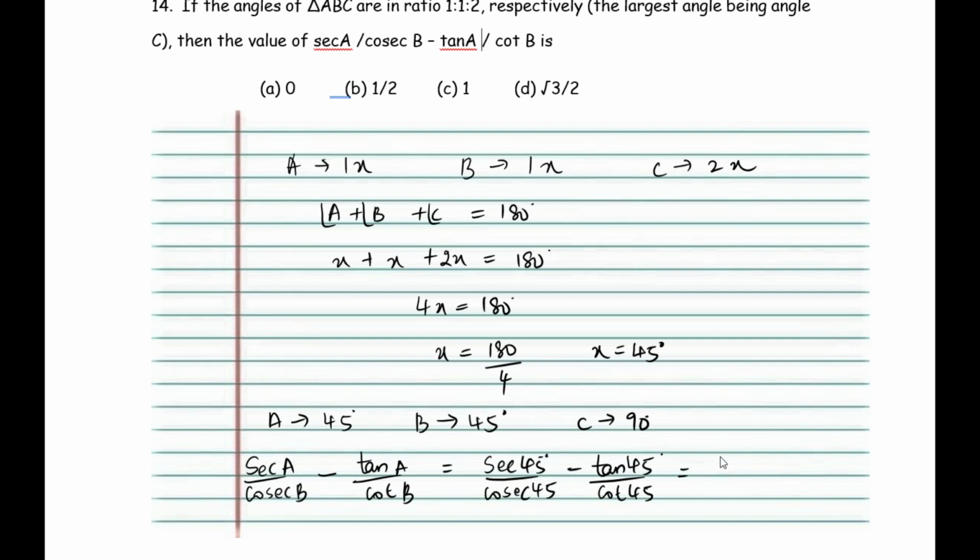Secant 45 degree is root 2, cosecant 45 degree is also root 2, minus tan 45 is 1, and cot 45 is 1. Root 2 will cancel out, we get 1 minus 1, which is equal to 0.